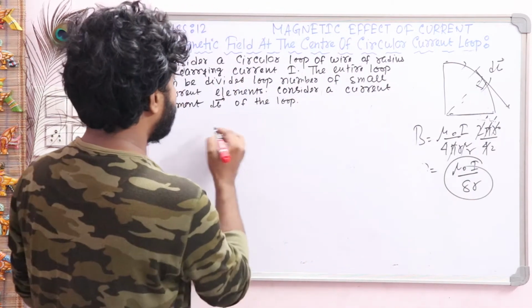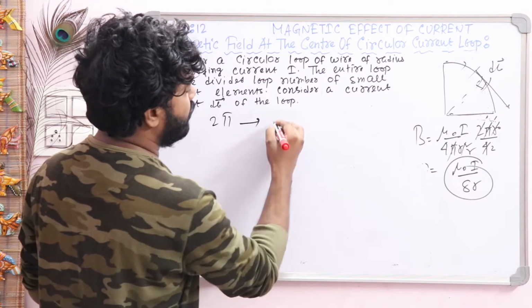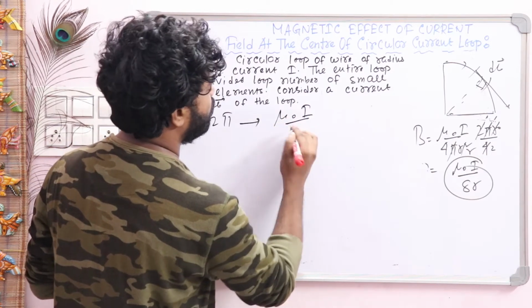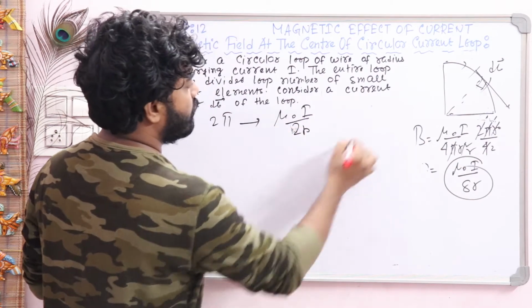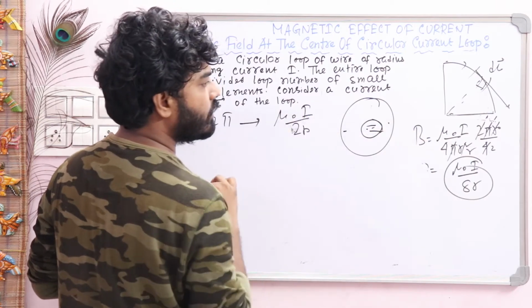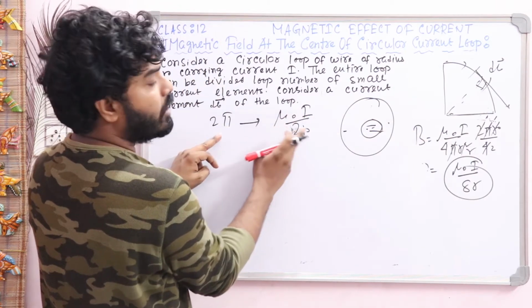When the angle is 2 pi, the formula of magnetic field is mu naught I divided by 2r. For a circular loop, the total angle is 2 pi. So for 2 pi angle, this one is mu naught I divided by 2r.